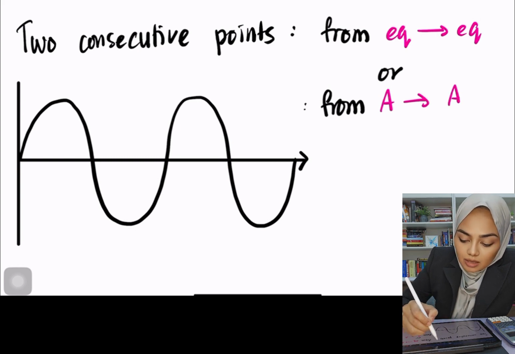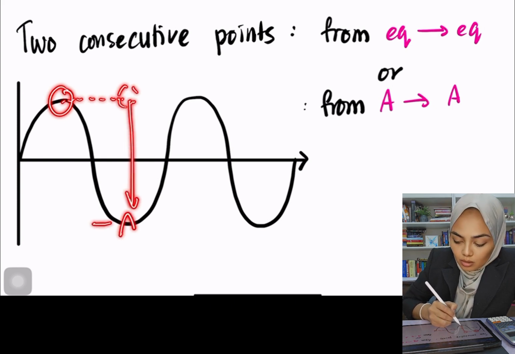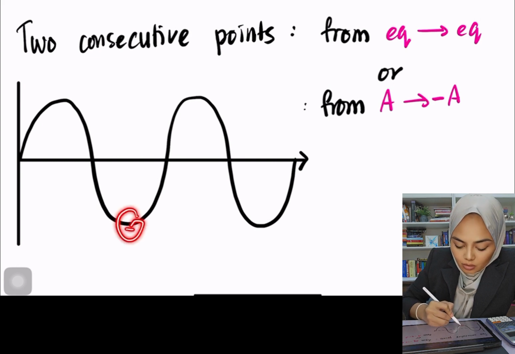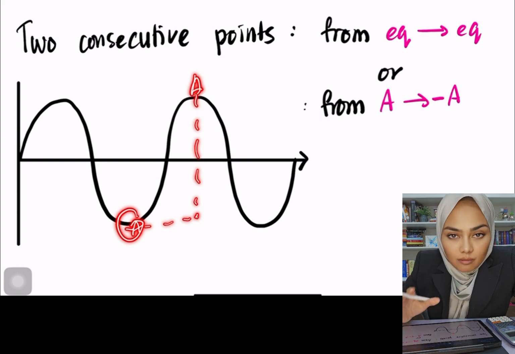But the problem is with the amplitude, the neighboring amplitude is the negative amplitude. So it is actually from amplitude to the negative amplitude, ataupun daripada negative amplitude to the neighboring amplitude, which is the positive amplitude.